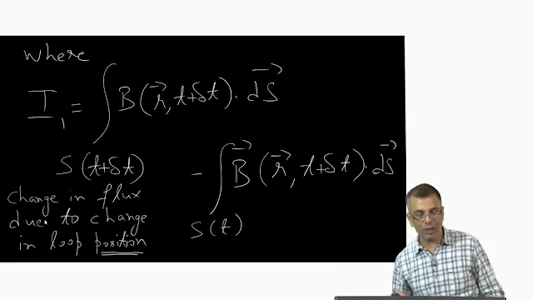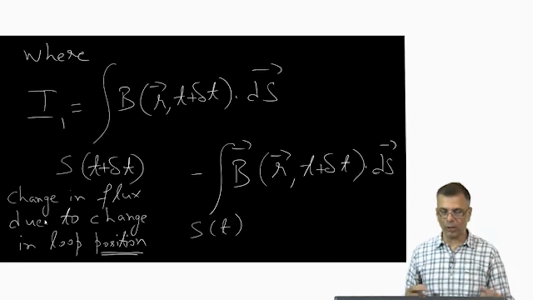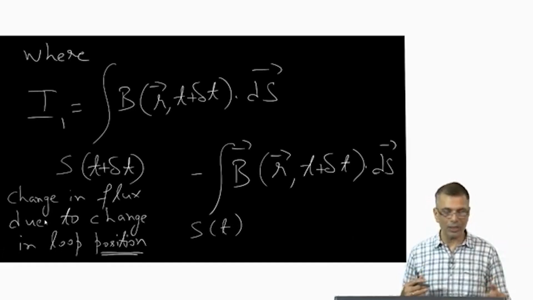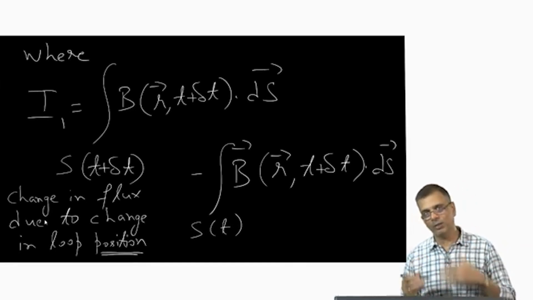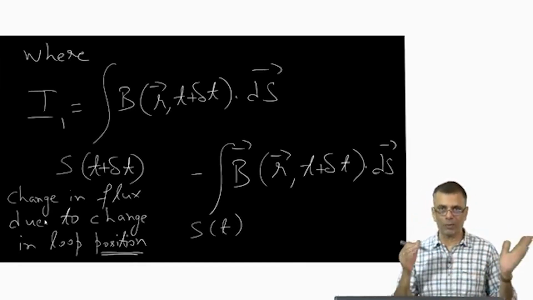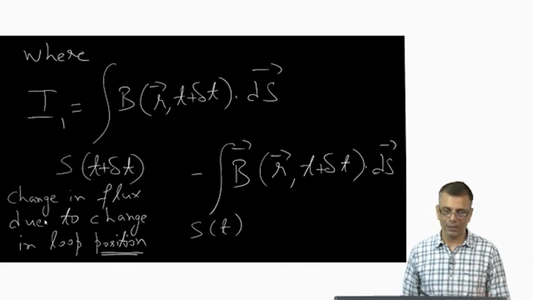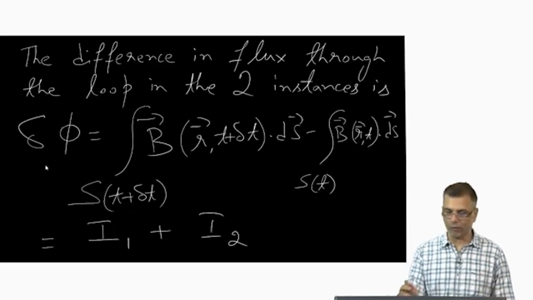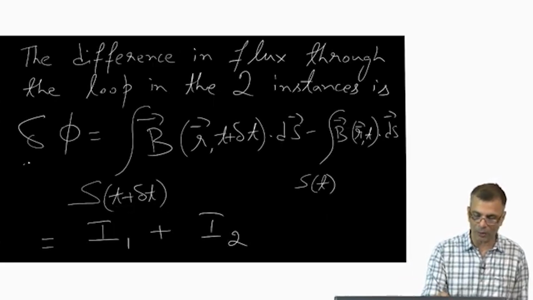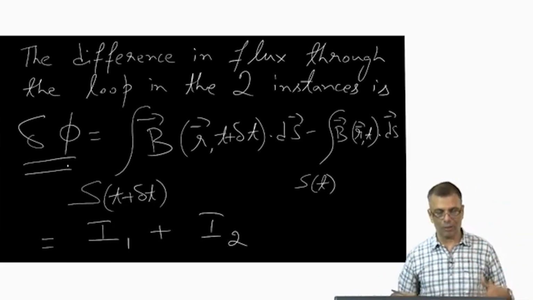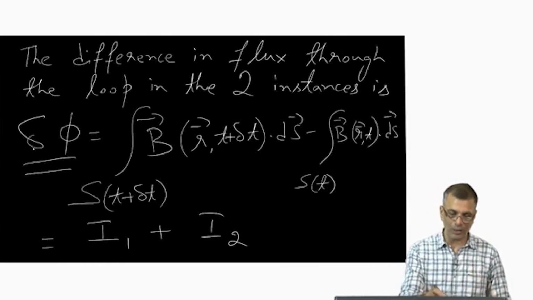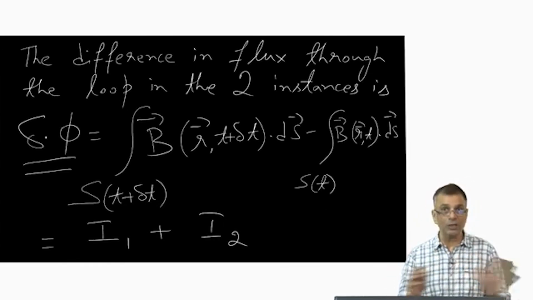I want to write down one chunk which is exclusively due to change in loop position, and another chunk which is exclusively due to the change in the magnetic field. I want to split it up like that. So, I1 is the change due to loop position. This is really the delta phi. This is the basic thing. This is what we want to check, and we know that eventually we are going to show that the change in flux, the difference in flux, is 0.